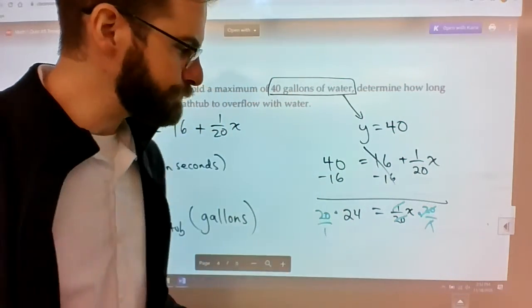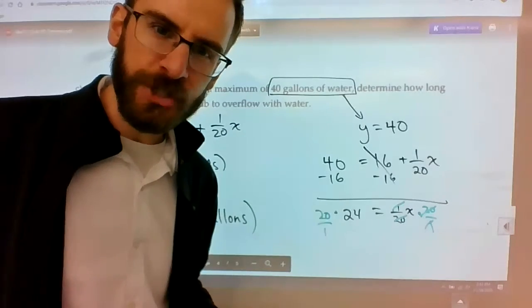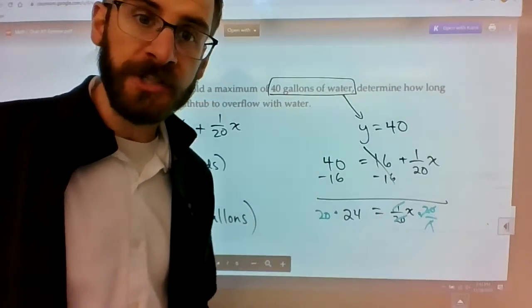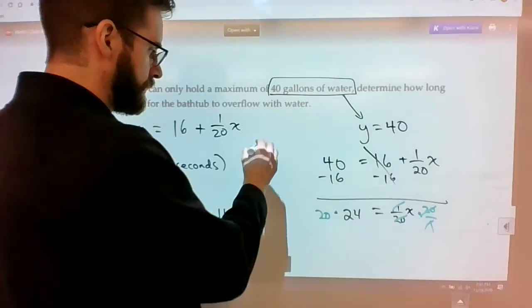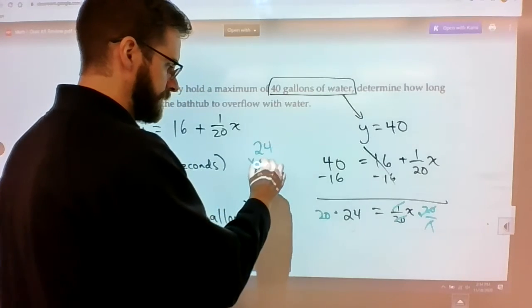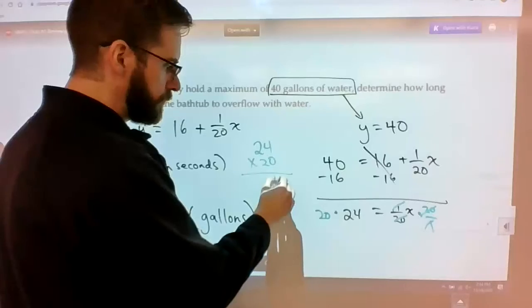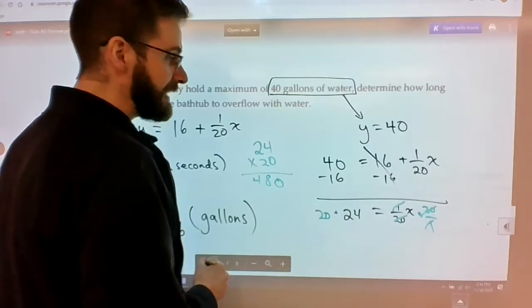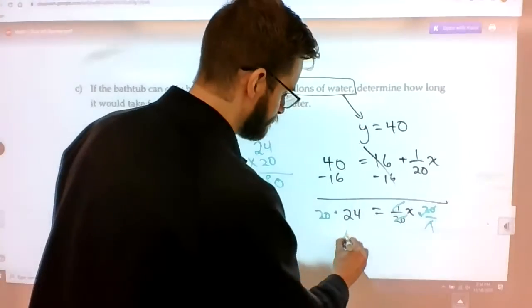In reality, 20 over 1 is the same as 20. 20 times 24 is a pretty easy computation. 0, 8, 4. X equals 480.